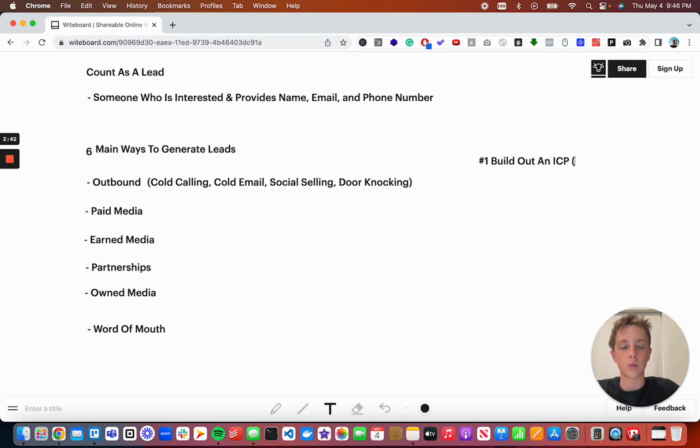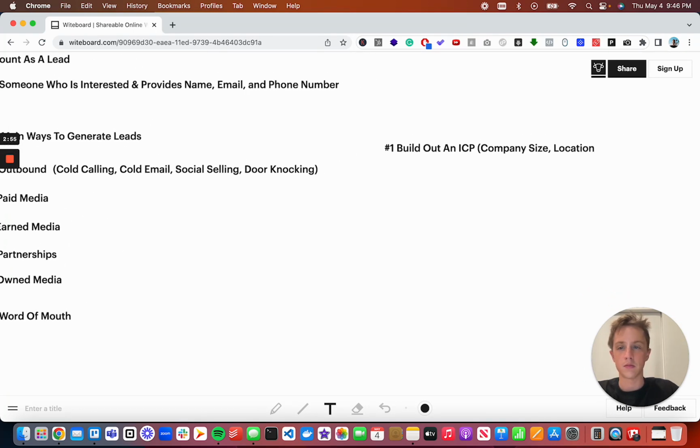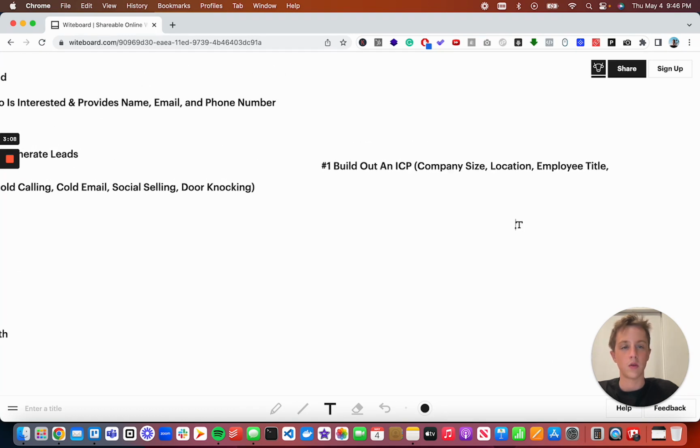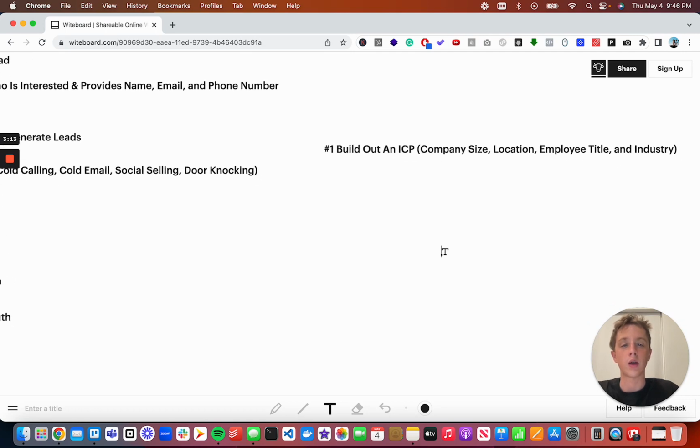So things you need to think about are company size, location, employee title, and industry. Those are really the main ways of building out an ICP.